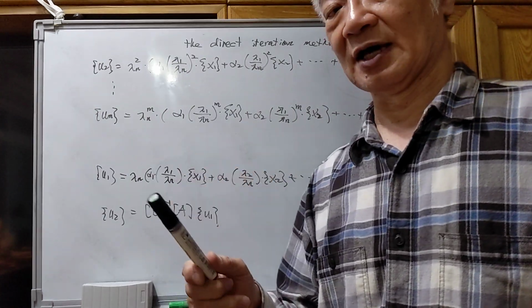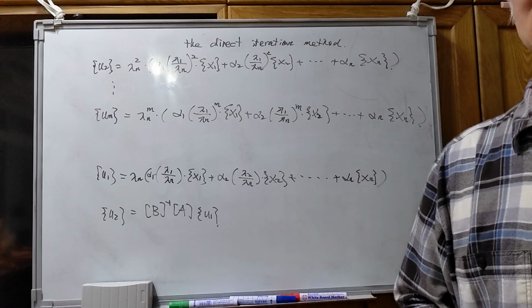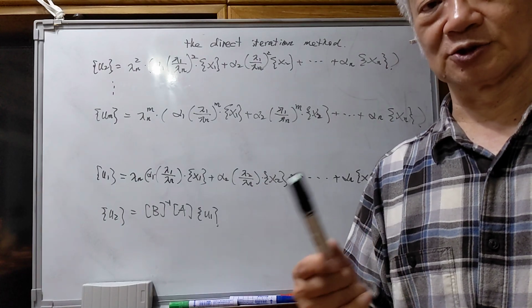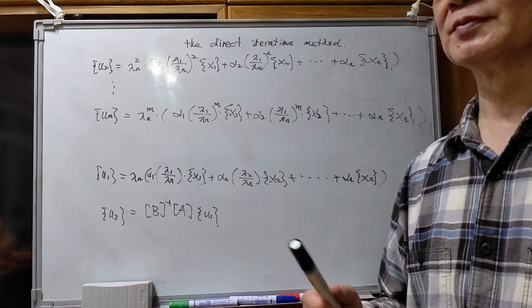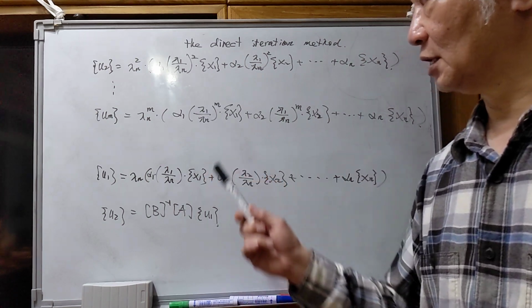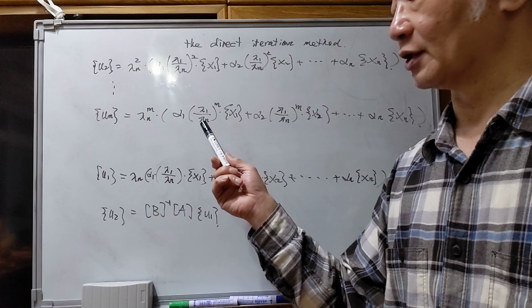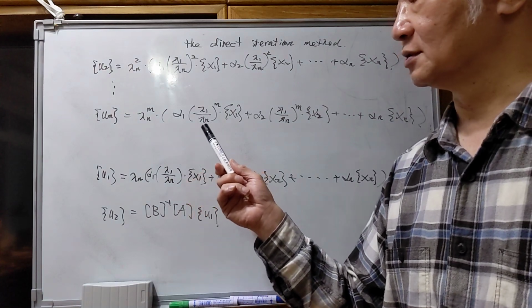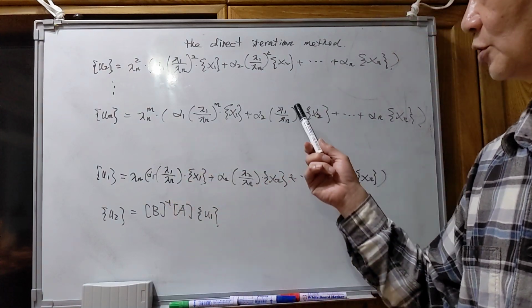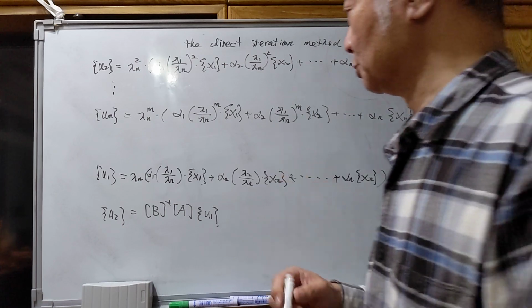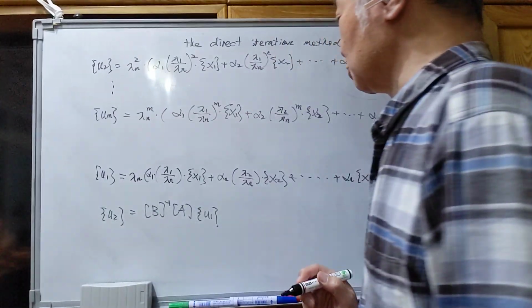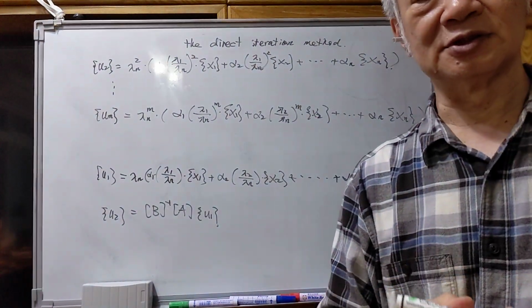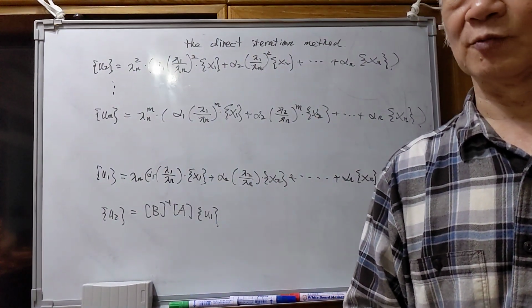And since the absolute value of the lambda n is the largest one in all the eigenvalues, so we know the ratio alpha 1 divided by lambda n is less than 1. Also the lambda 2 divided by lambda n is also less than 1.